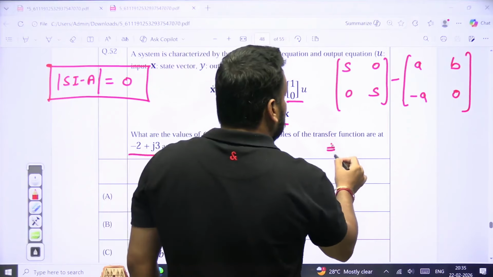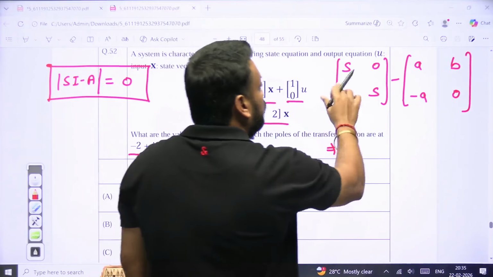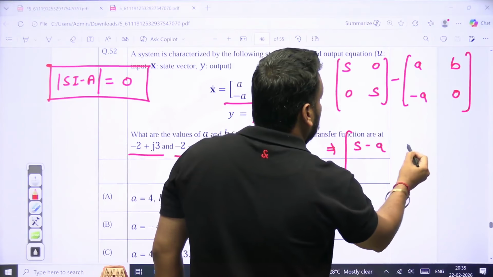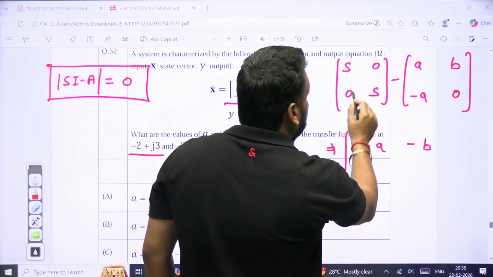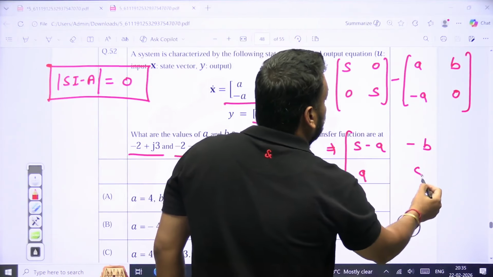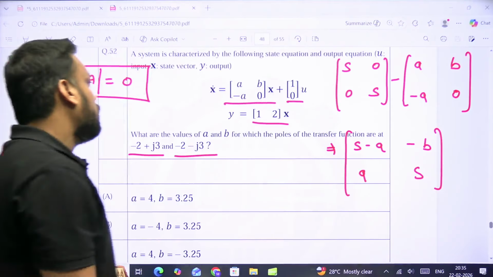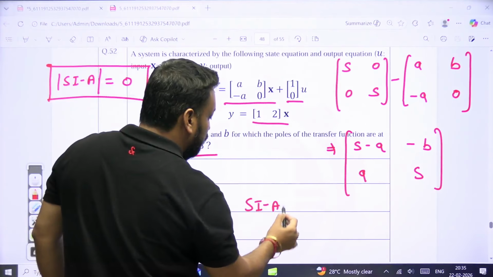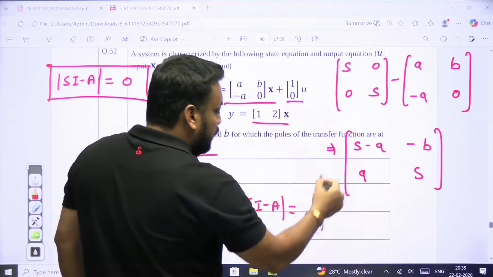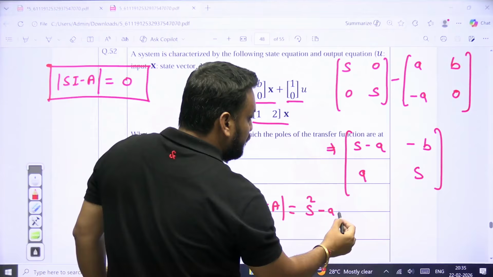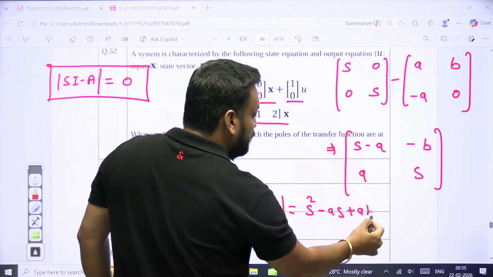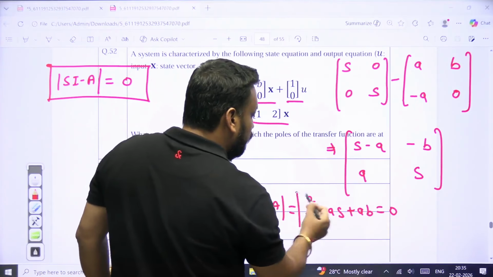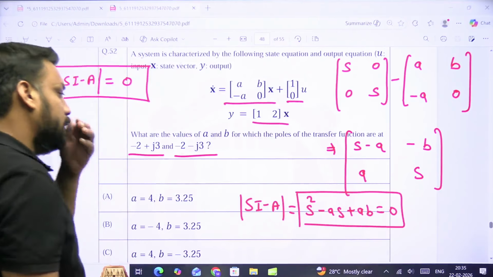This is nothing but sI minus A. When you do this, you will get s minus a, minus b, and plus a, and s minus 0. Now tell me guys, when you take the determinant of sI minus A, you will get s square minus a s plus a b equal to 0. That you will get for sure. s square minus a s plus b equal to 0.